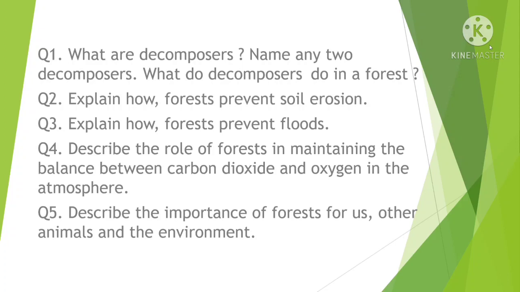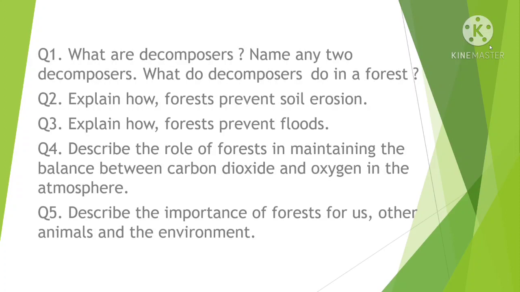Now our next question is, describe the role of forest in maintaining the balance between carbon dioxide and oxygen in the atmosphere. Now we human beings and other animals give out carbon dioxide during respiration.